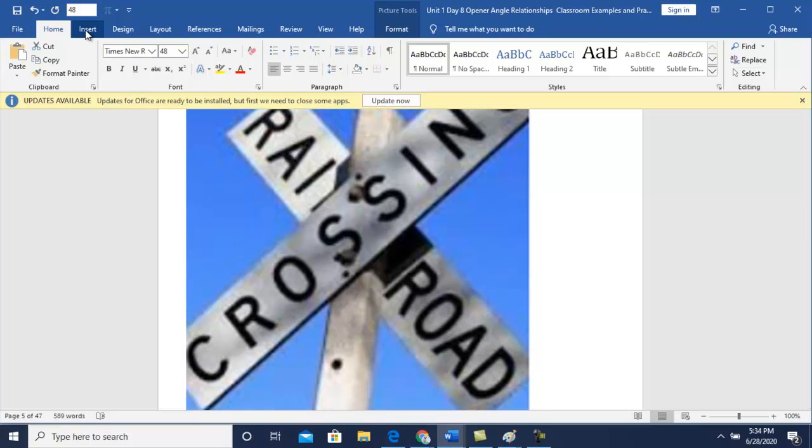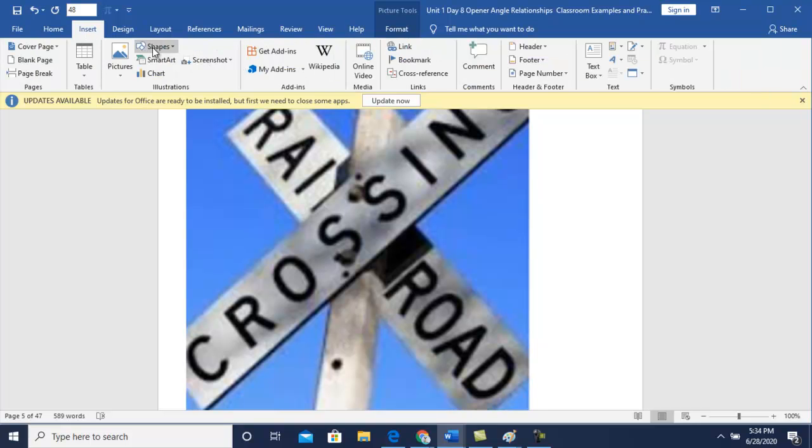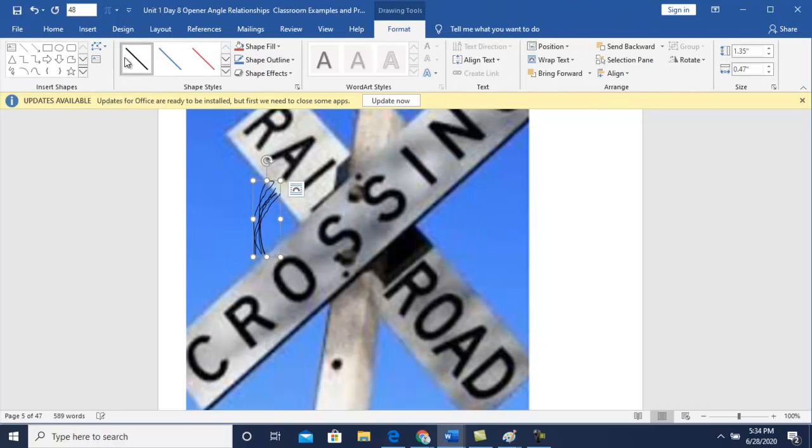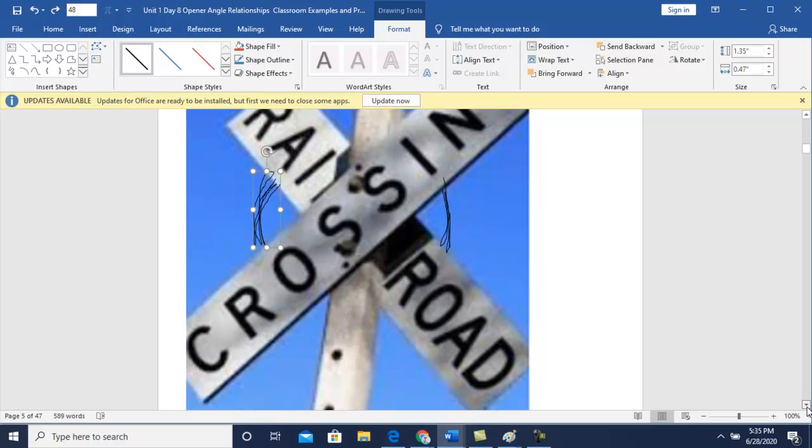When we look at vertical angles, what we're referring to is across from each other. If I'm looking at the left side, the other angle that we would be looking at is the one on the right side. They're across from each other. Over here, the angle on the left and the angle on the right are your two vertical angles.